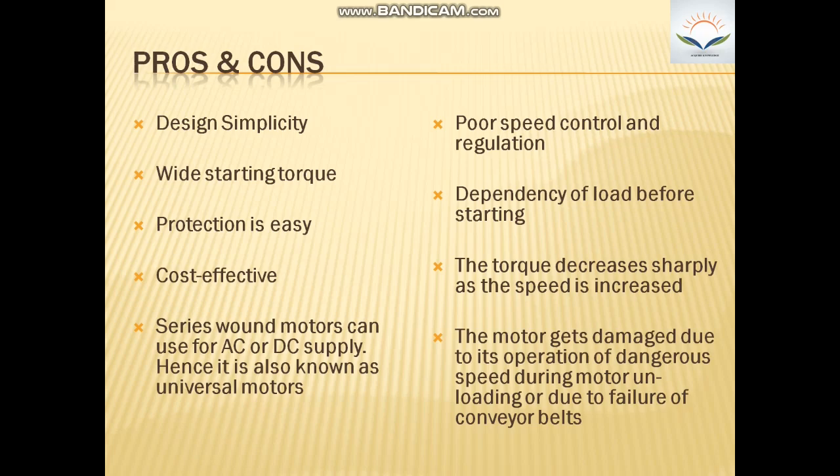Pros of the DC series motor are its design simplicity, wide starting torque, easy protection, and cost effectiveness. Also, series wound motors can use AC or DC supply for their operation. Hence, it is also known as a universal motor.